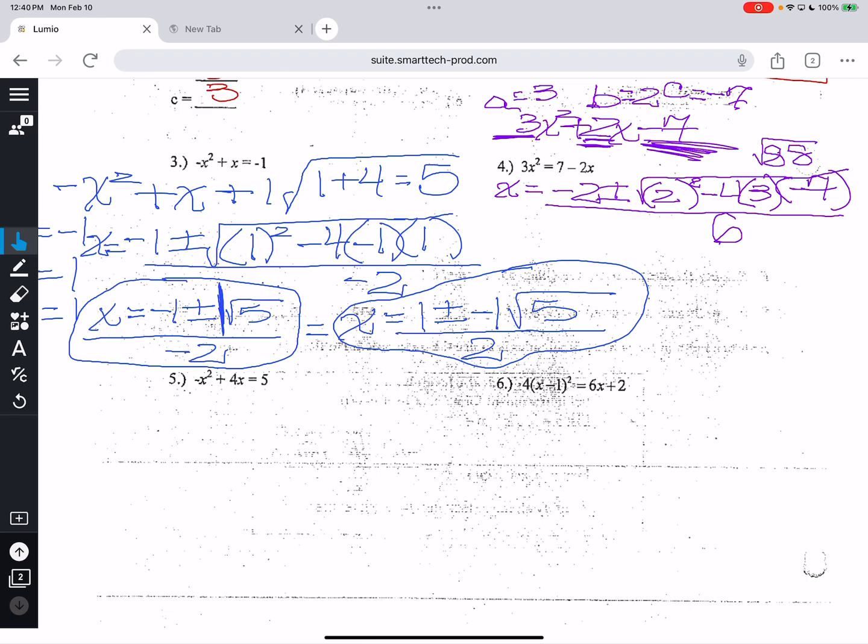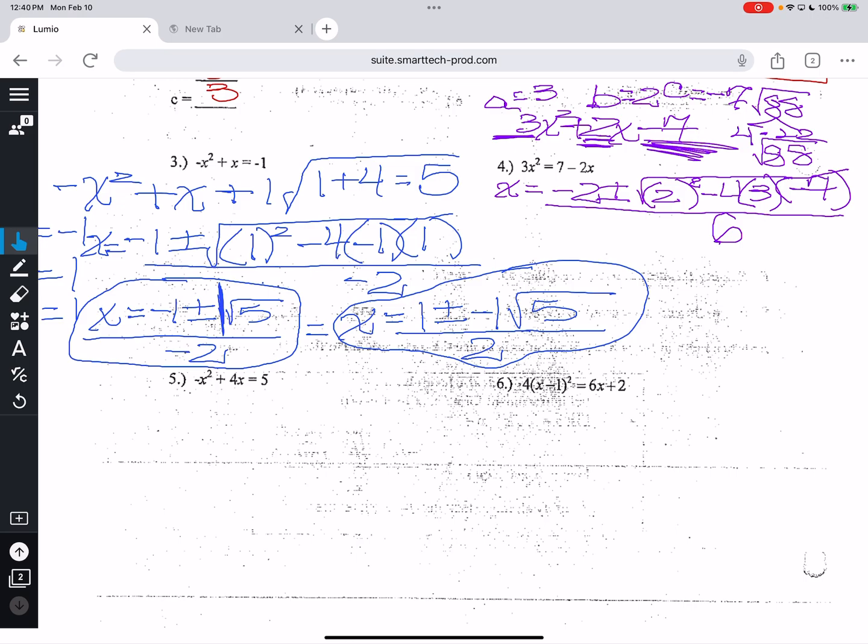So 88 is going to break down into 4 times 22. The 4 comes out as a 2. What makes up 22? 11 and 2. 11 is prime, we can't break that down.